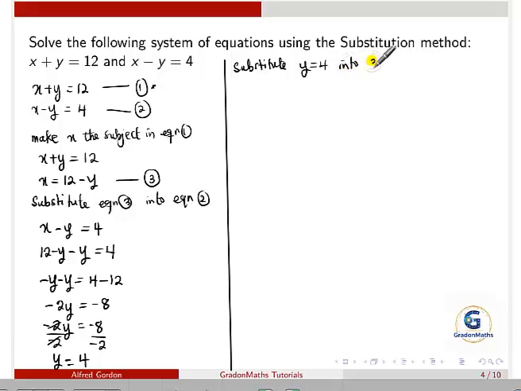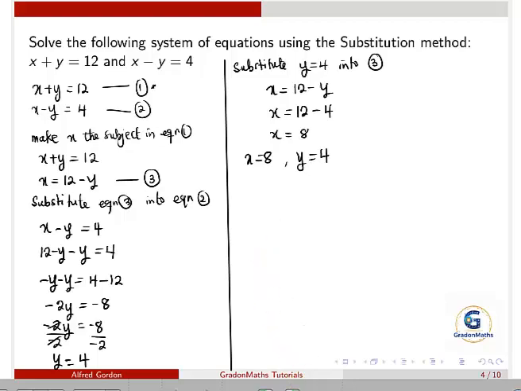I prefer equation 3, which is x is equal to 12 minus y. So x is equal to 12 minus 4, which gives us 8. Therefore, x is equal to 8 and y is equal to 4.